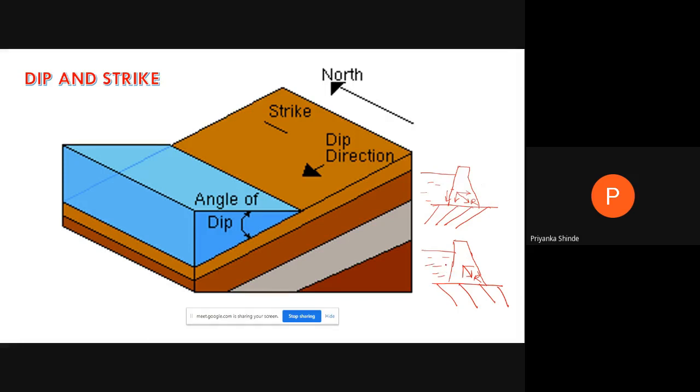In the second case, the resultant force is acting parallel to the bedding plane. These are called bedding planes. And in the first case, the resultant is acting perpendicular to these bedding planes.